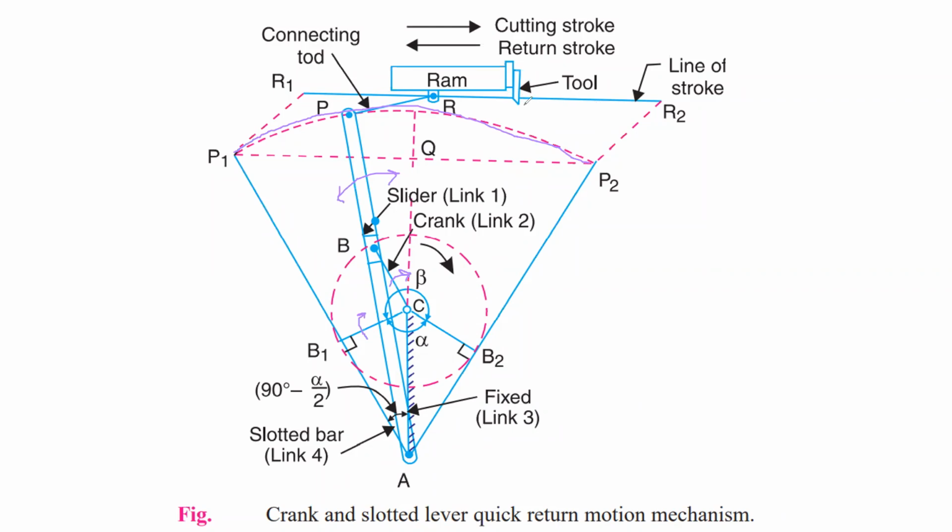If you move faster, the tool might get damaged. But in the return stroke, the material is already cut and there will not be resistance to the tool, so even if you come back quickly, it poses no problem.